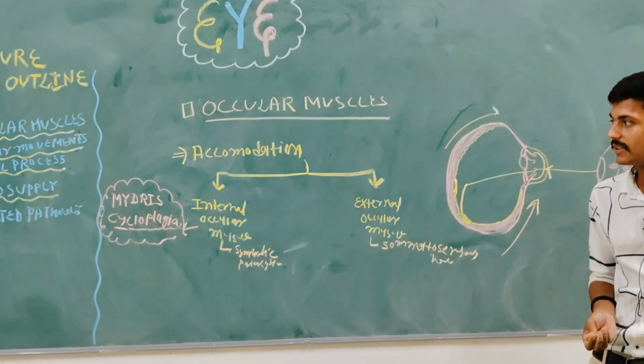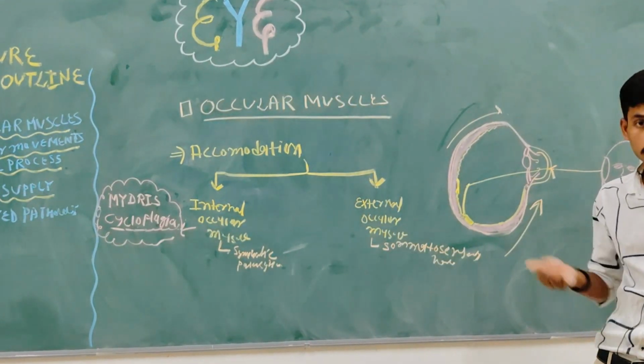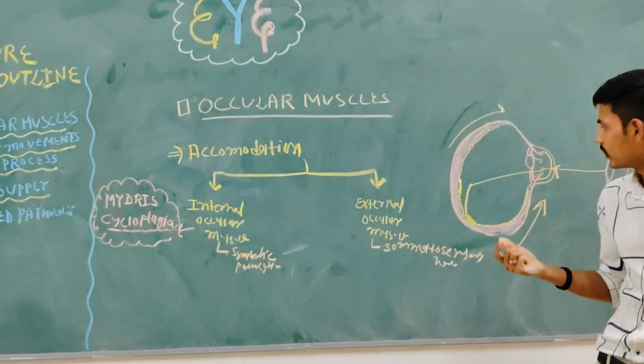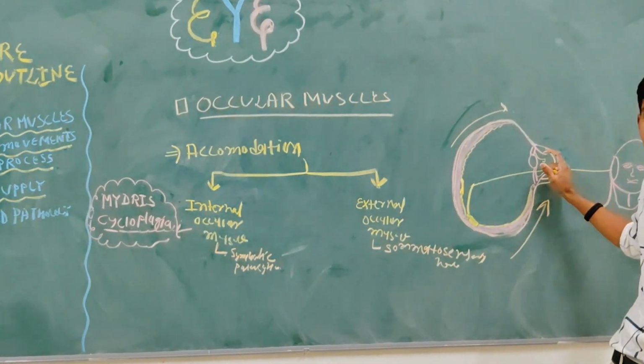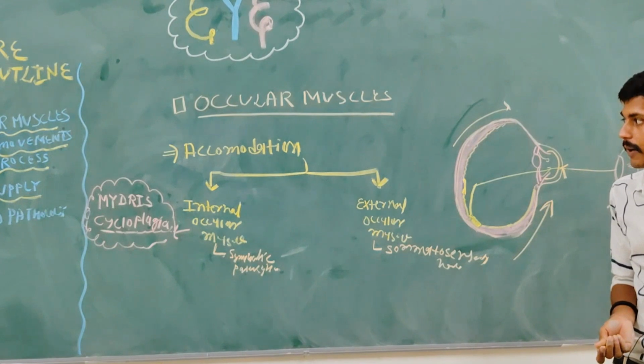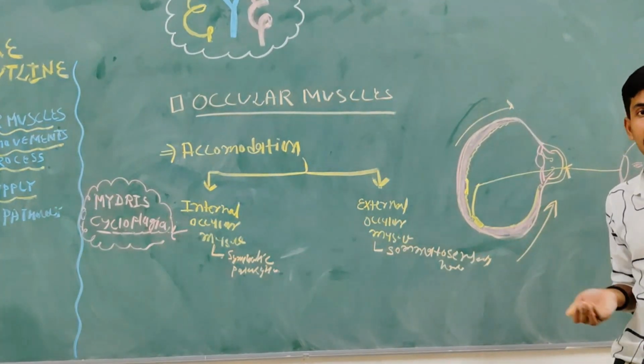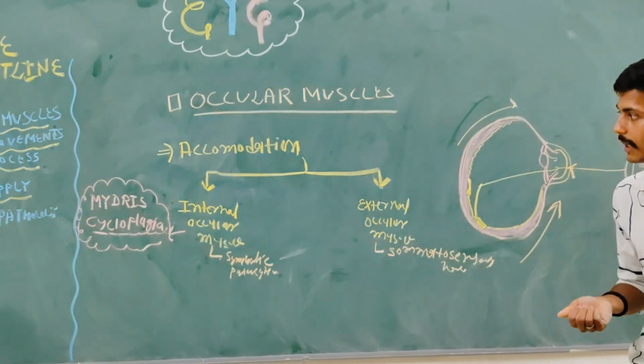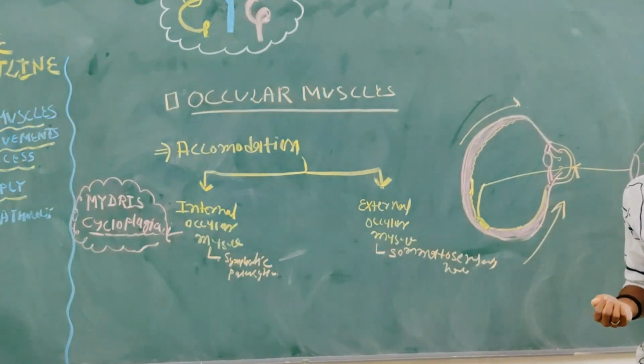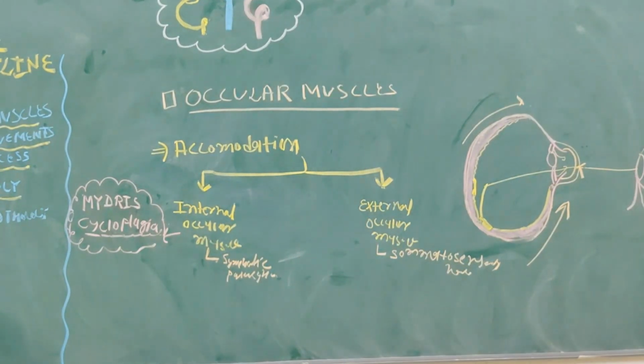So these are the two conditions: mydriasis, abnormal dilation, and pathological mydriasis. Mydriasis is a normal phenomenon by which the pupils dilate themselves. But when it goes on for a prolonged time, this condition is called pathological mydriasis. Understood? Clear?